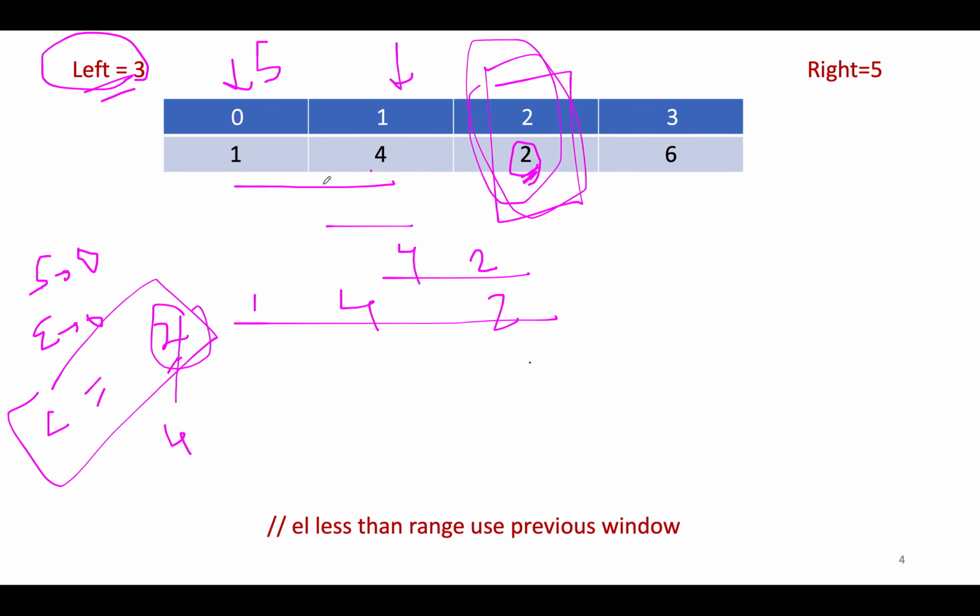And what were the sub-arrays that were part of the answer up to the previous element? It was 1 comma 4 and 4. Because the value of 2 is lower than the left range, we will use the previously calculated windows to extend our answer.